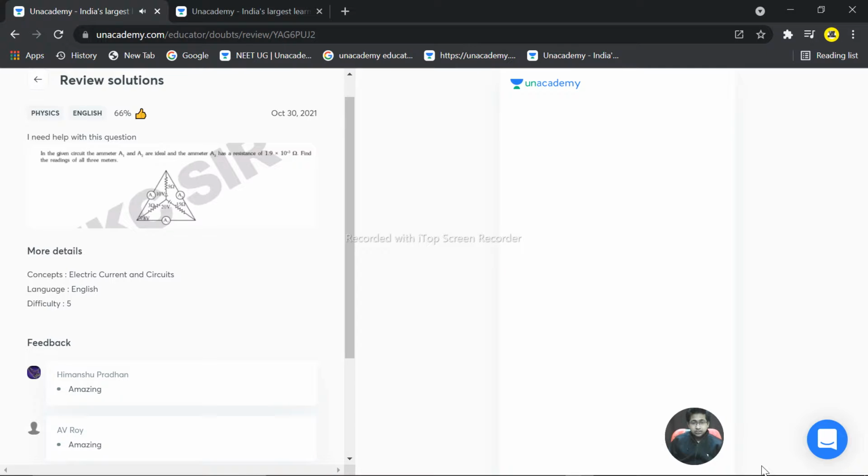We just need to find the readings of the three meters. So what is the sum of I1 plus I2 plus I3? I3 is 0.